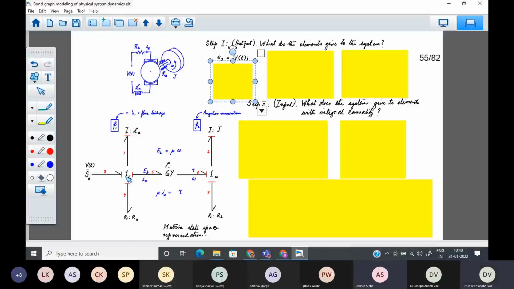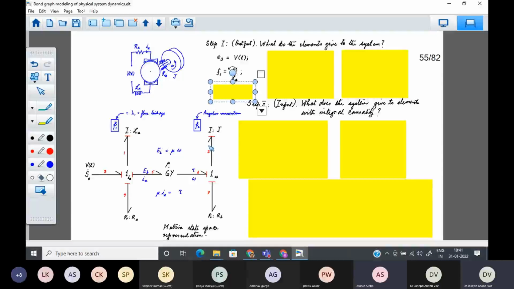It gives effort 3, and effort 3 is equal to V of T. So we know effort 3. The next is, what does this I element give to this system? It gives flow 1. Flow 1 is the electrical momentum associated with this I, that is a flux linkage, divided by La, which is the inductance of this winding, armature winding.